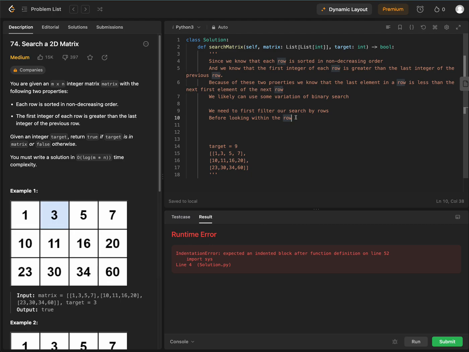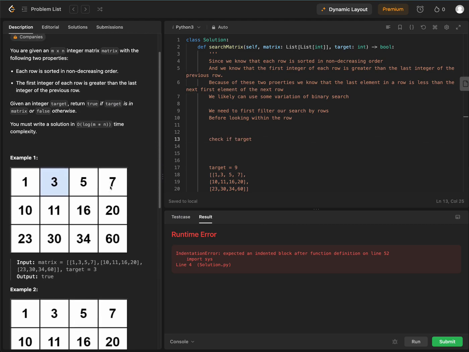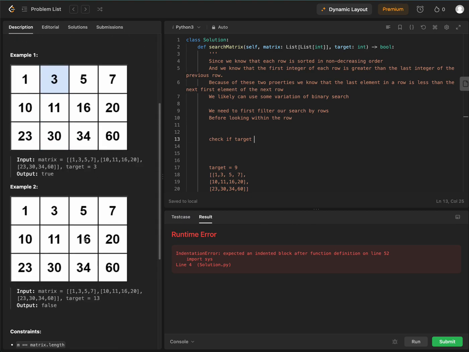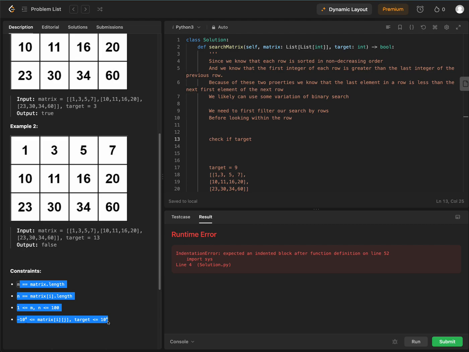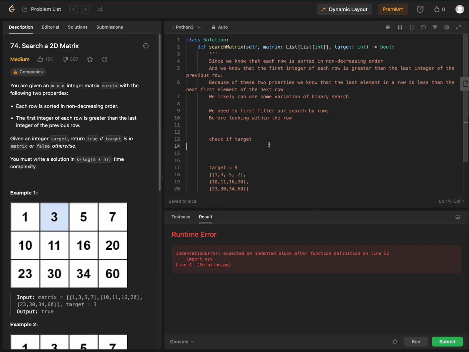So essentially we check whether it's bigger than the target, check if the target equals matrix[i], or if matrix[i] is greater, something like this.